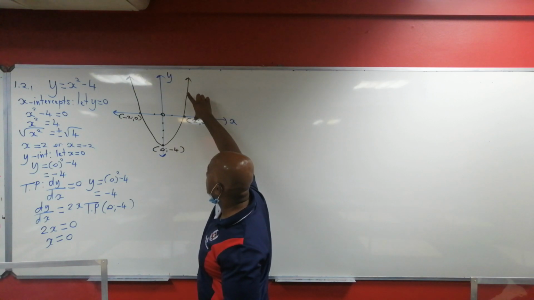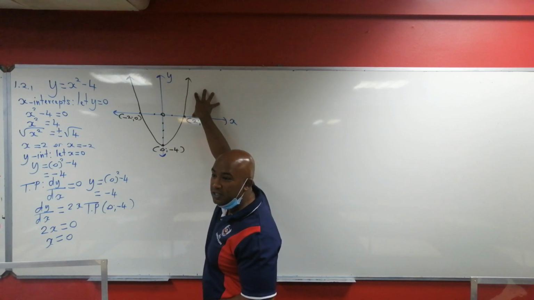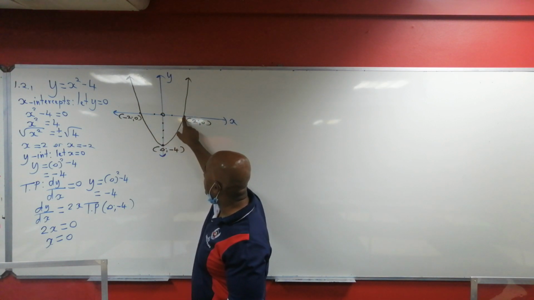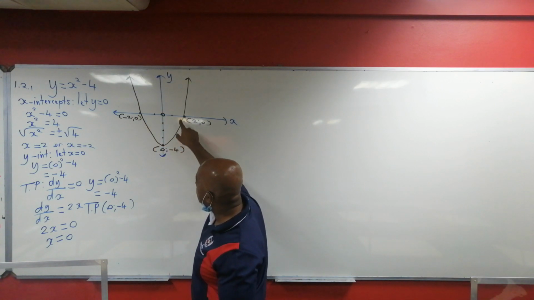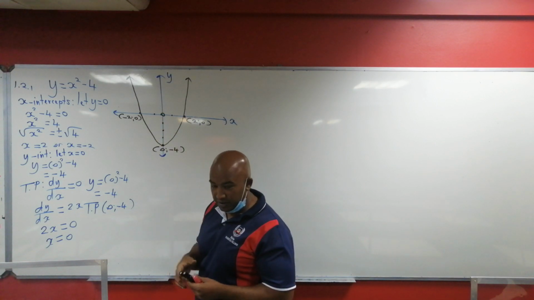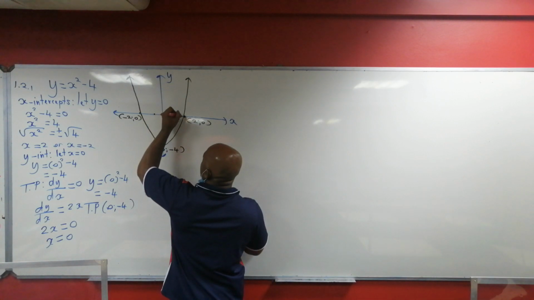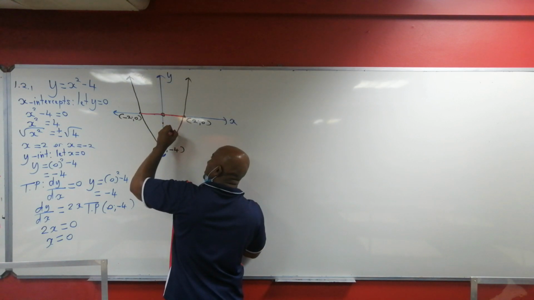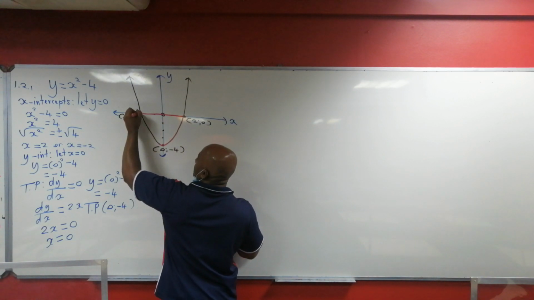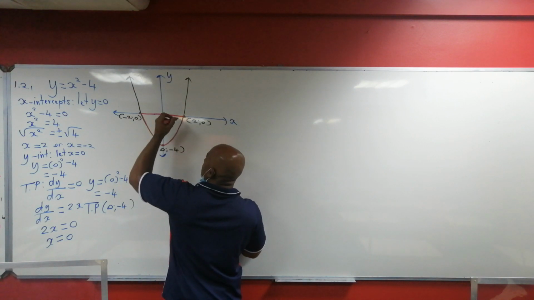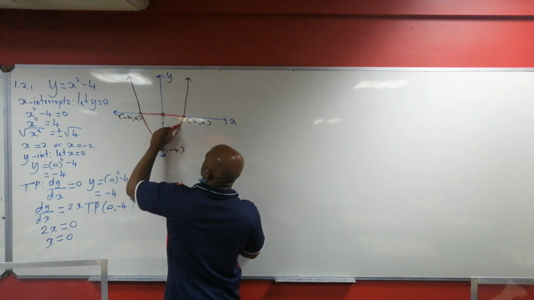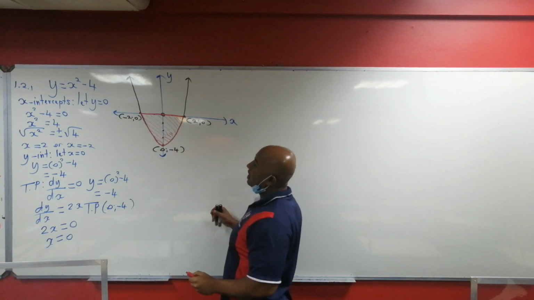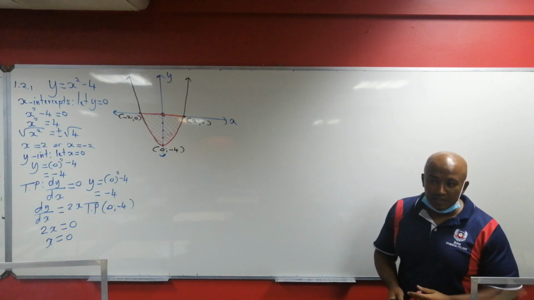We're always looking at the x-axis and the graph to find that enclosed area. As soon as you move from -2 to 2, there's the x-axis there, and here's the graph. So this is an enclosed area now. That is what we're looking for. This is the enclosed area. That is the area bounded by the curve and the x-axis.